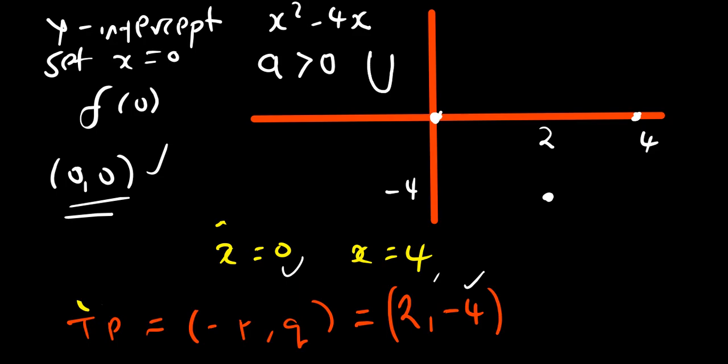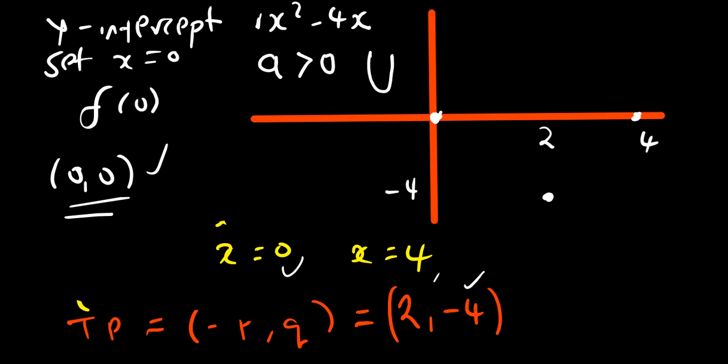It will have a minimum turning point, because you know that the coefficient of x squared here is 1. So even in our case, because our a is greater than 0, 1 is greater than 0, the graph will have a minimum point like that.